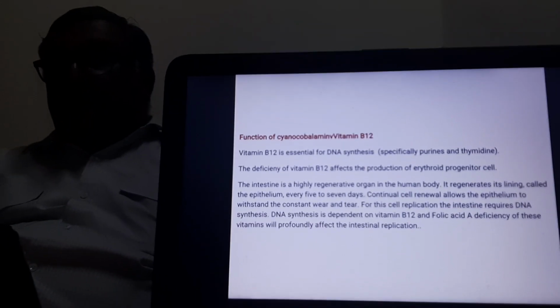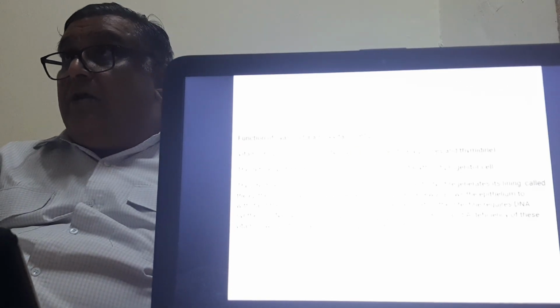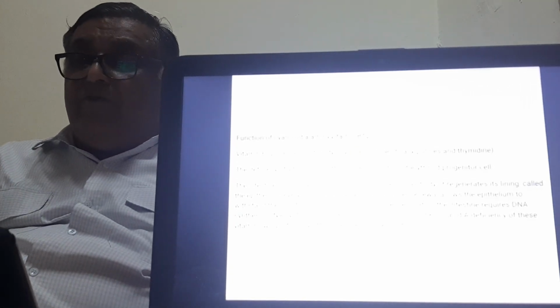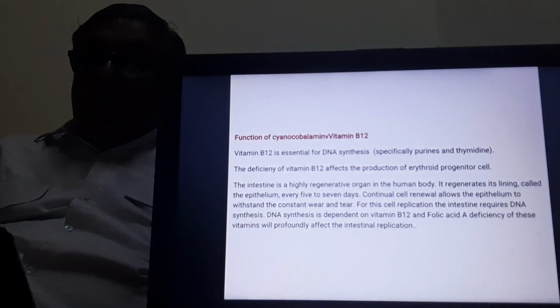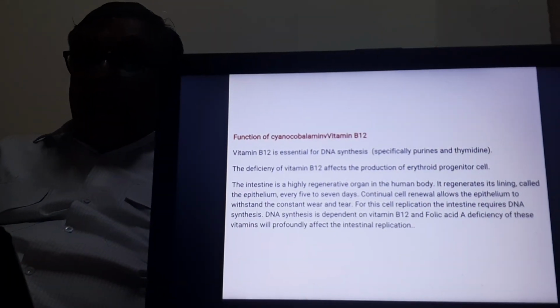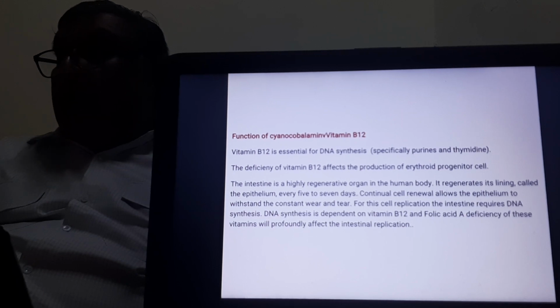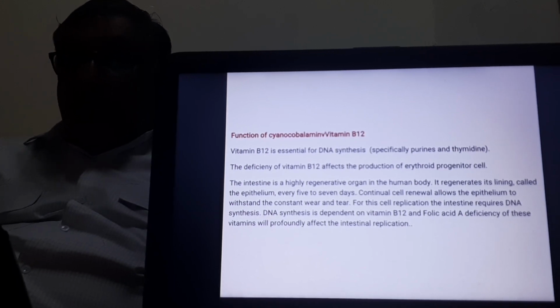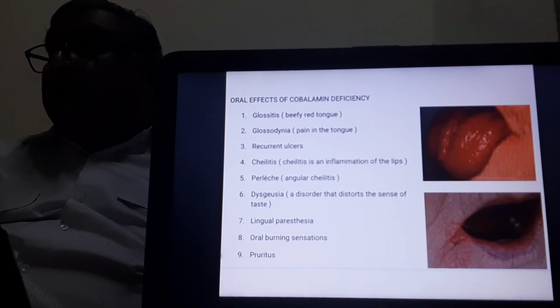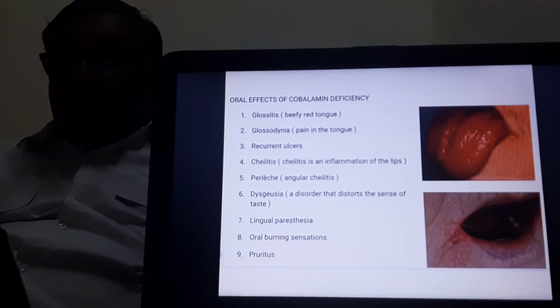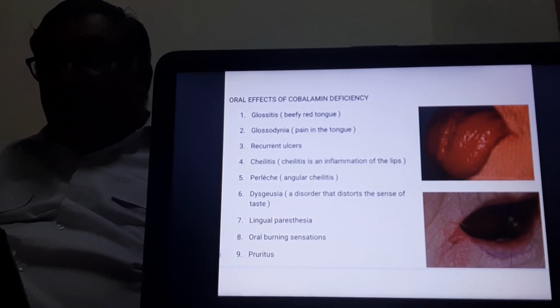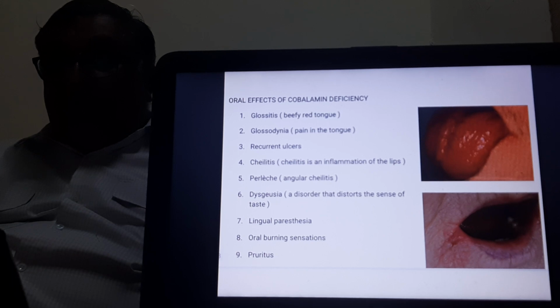Now, as far as the oral effects of B12 are concerned, what is the effect in the mouth? There may be a red, beefy tongue, which can be painful also. It's a glossitis. There can be pain in the tongue, which is glossodynia. There can be recurrent ulcers. There can be cheilitis, which is inflammation of the lips.